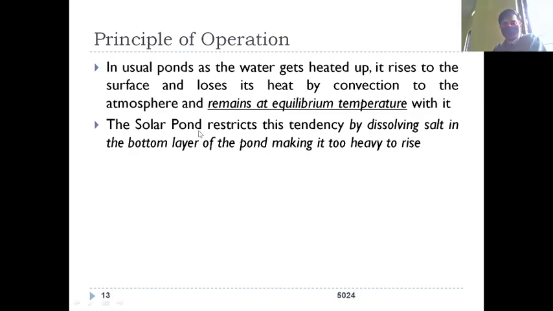But a solar pond restricts this tendency by dissolving salt in the bottom layer, making it too heavy to rise. When you dissolve salt, what will happen? The density of water increases. Denser water will always lie on the bottom layer. It cannot move up.